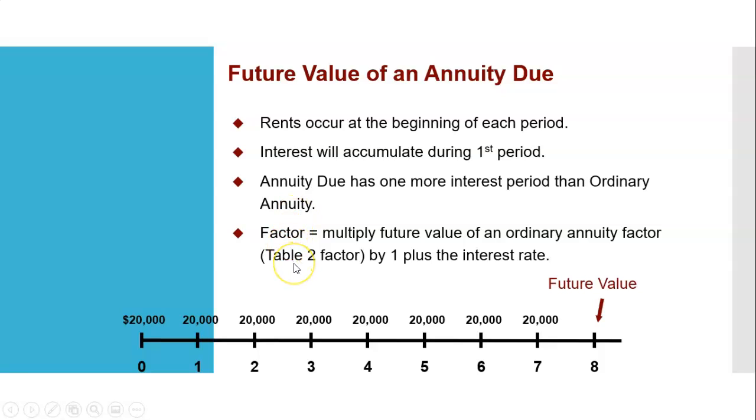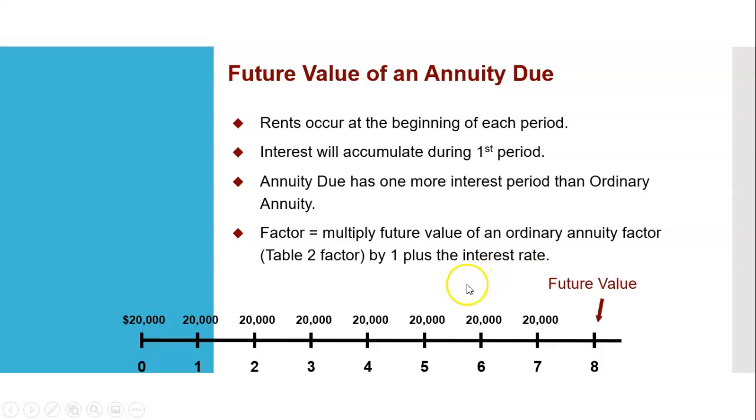If we need the future value of the rents, like in this timeline, we can take the table 2 factor, which is the future value of an ordinary annuity, and multiply by 1 plus the interest rate, and that will give us the factor.